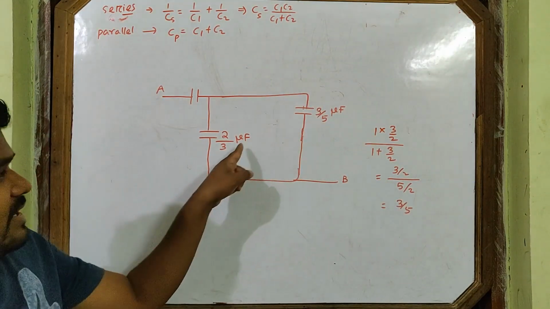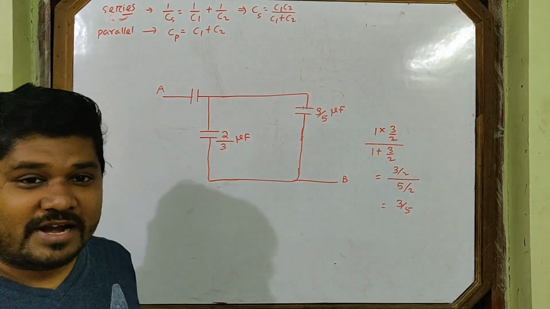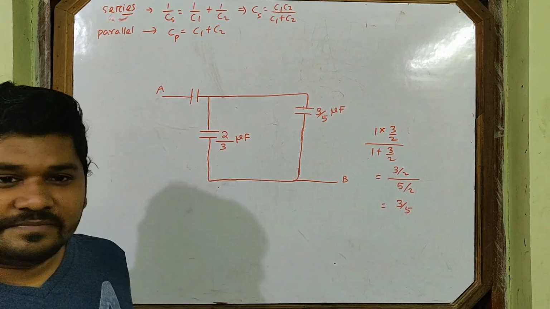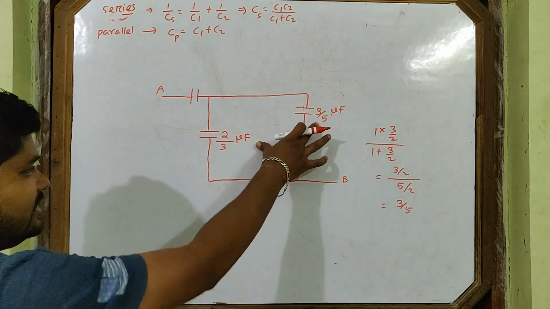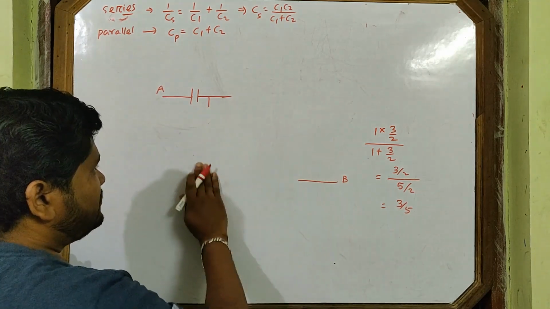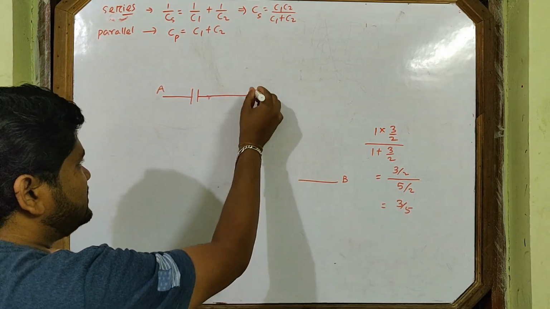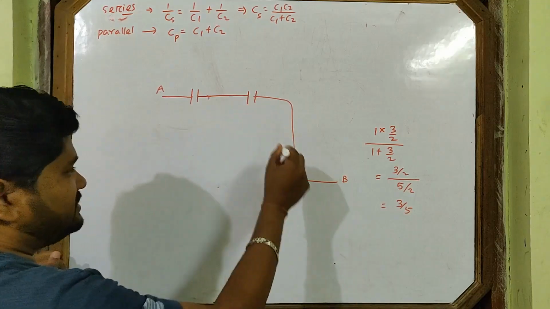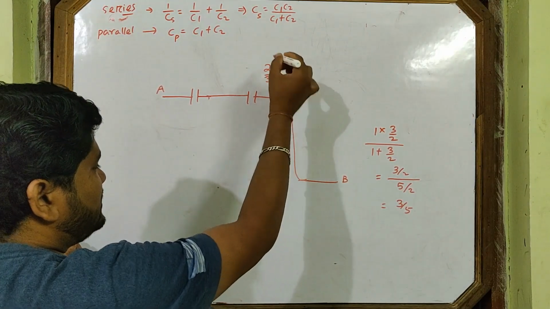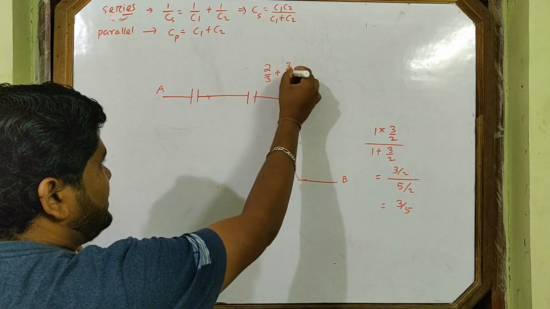Then how are these two connected? They are connected in parallel. So 3 by 5 and 2 by 3, you add them. You erase this and in place of them you make one capacitor. This was 2 by 3, and this is 3 by 5.